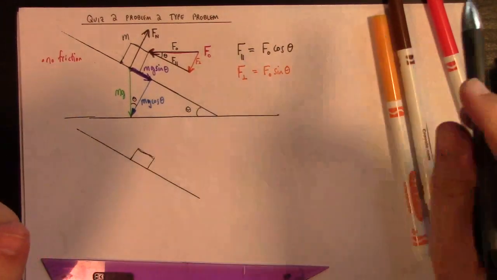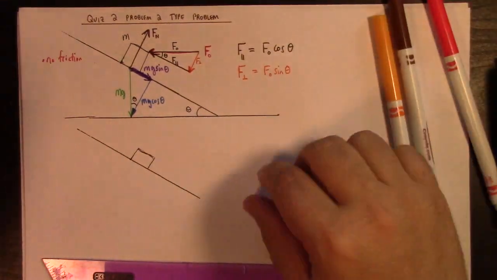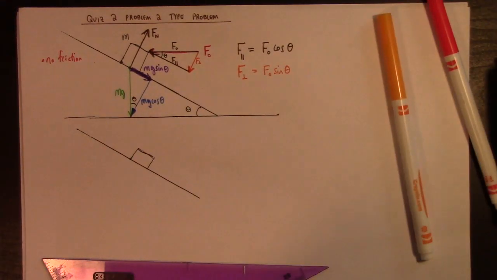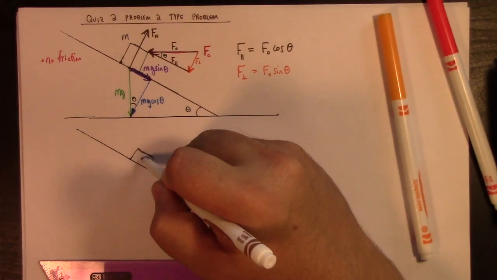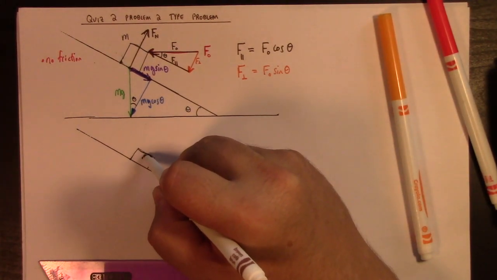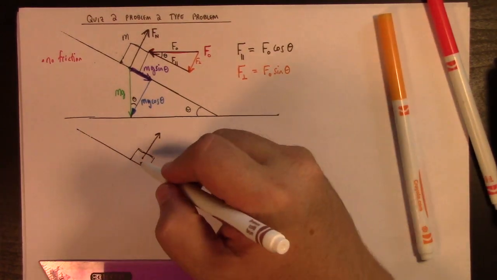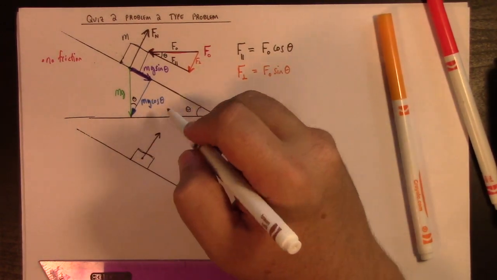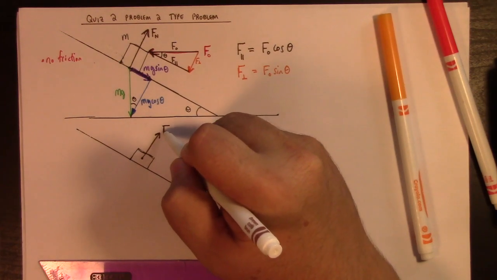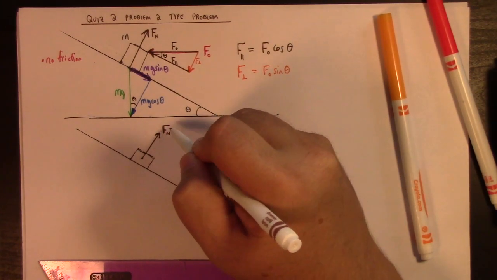And I'm just going to draw the forces I was just drawing a second ago as if they're at the center of mass, because that's the custom for a free body diagram. So here's the proper free body diagram down here, right? Very exciting. Here's the normal force.